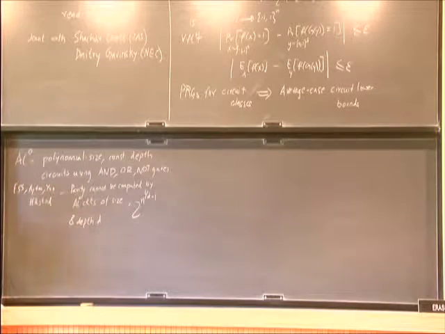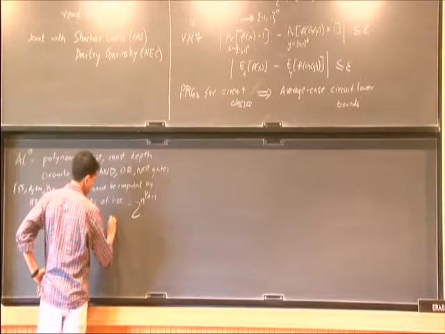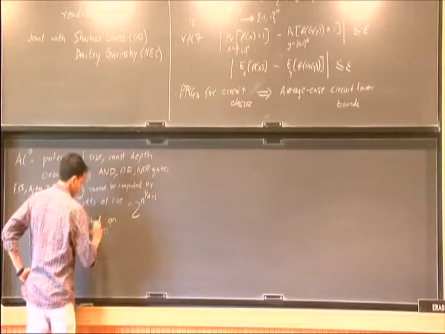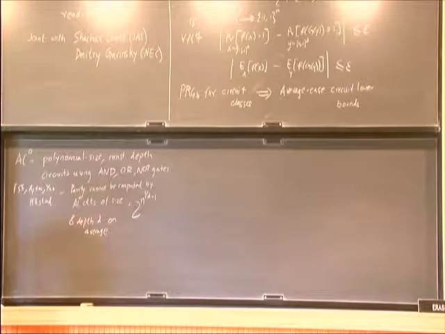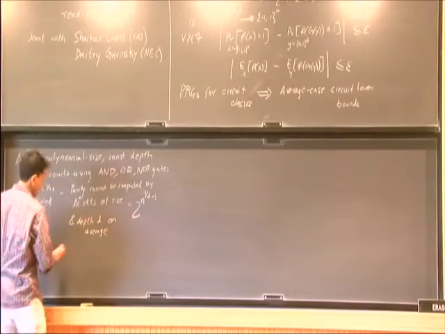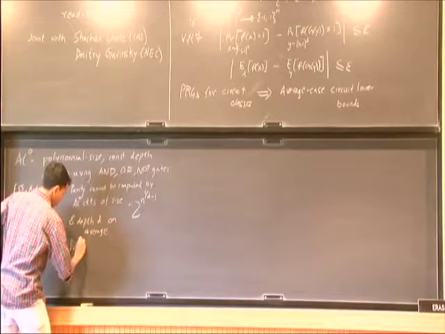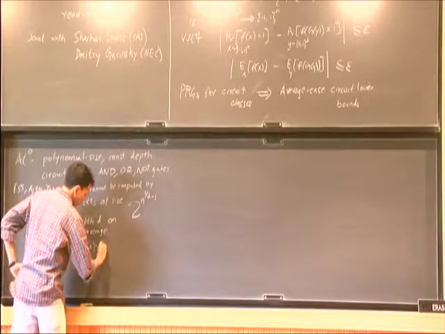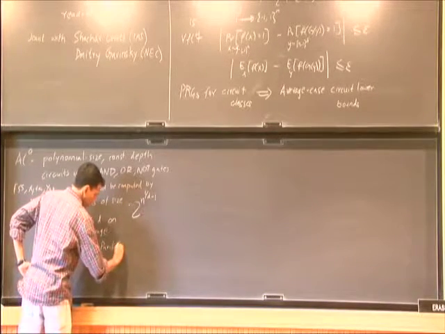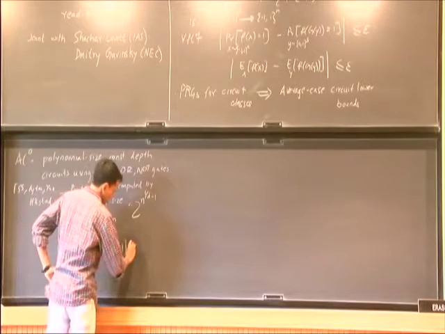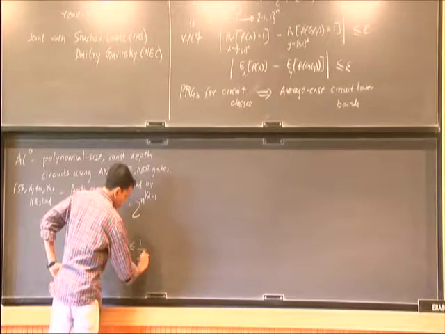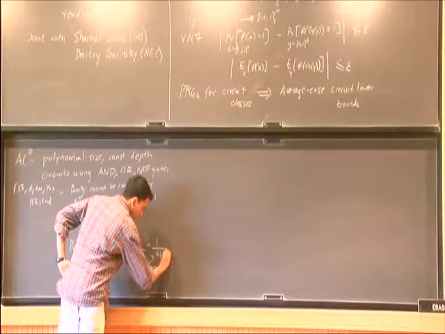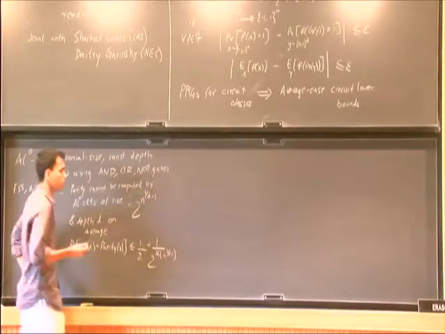We even know this on average. What does that mean? If I take any circuit of this size, call that circuit C, the probability that C equals parity on a random input is not very much larger than half, more or less.